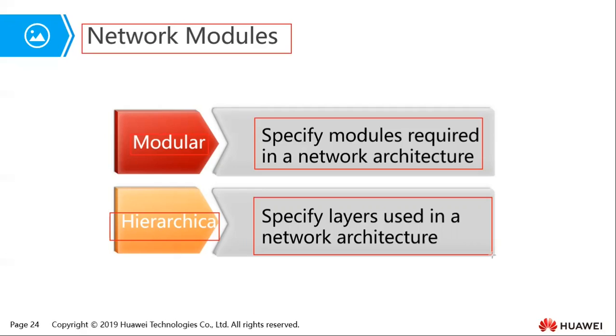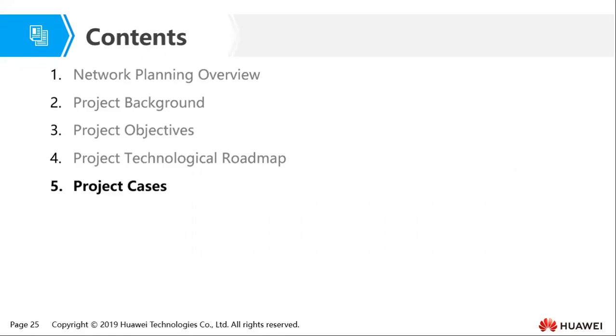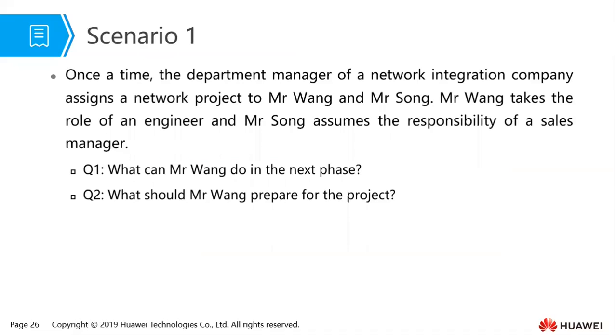And we're also going to look at the flattened two-layer network structure in a short while. So I hope you get a clear difference between what a network module is and what a network hierarchical design is. Okay, so let's look at a project case in order to end this first part.